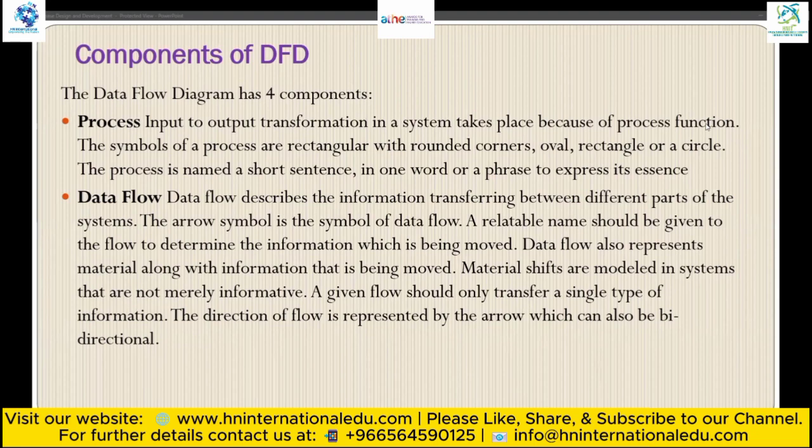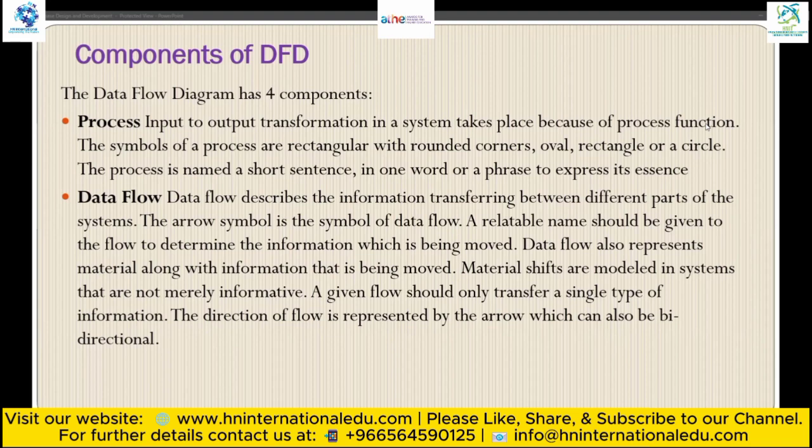The first one is process. Input to output transformation in a system takes place because of the process function, because we have some functions that will process the input. The symbols of process are a rectangle with round corners, an oval, a rectangle, or a circle.